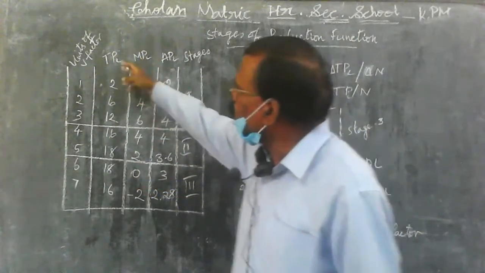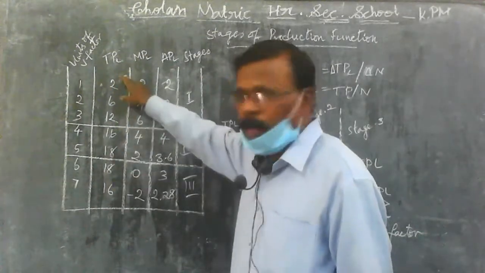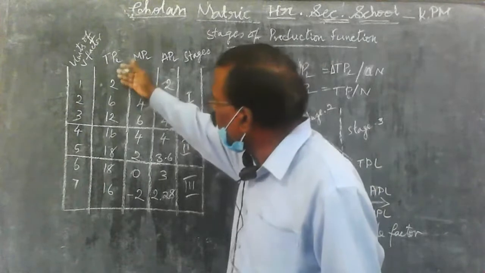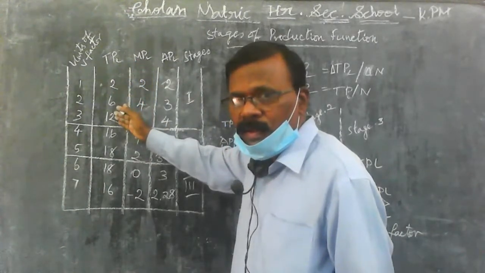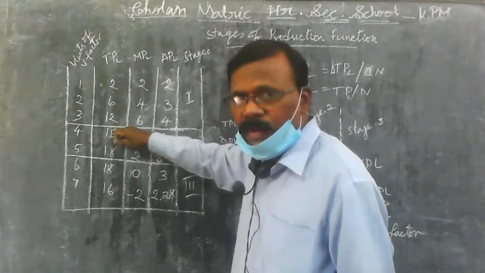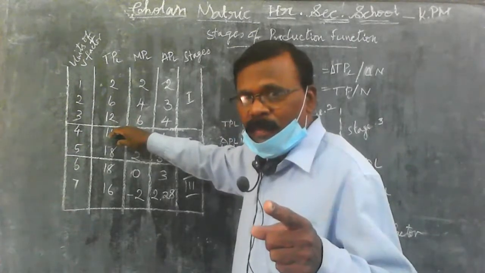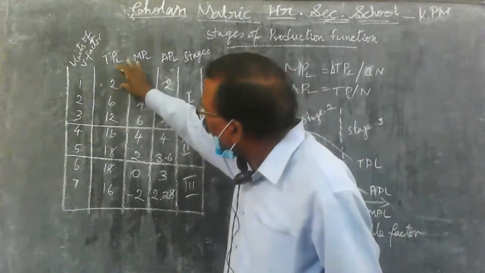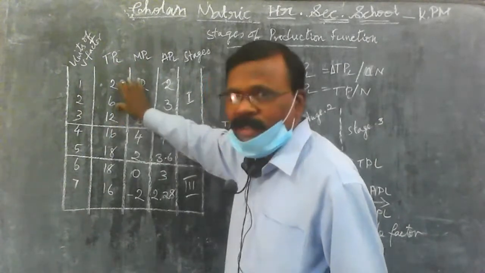Now while talking about the total product, you see the nature of the total product here. The total product increases up to the point where, here, the total product increases. This is an increasing stage.